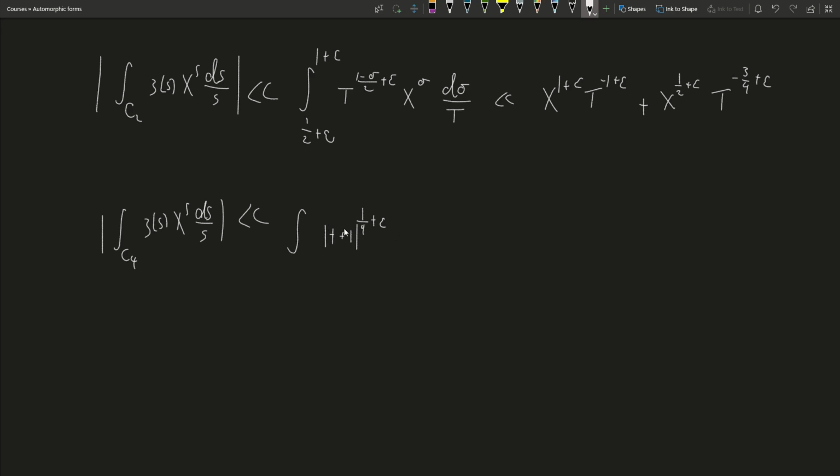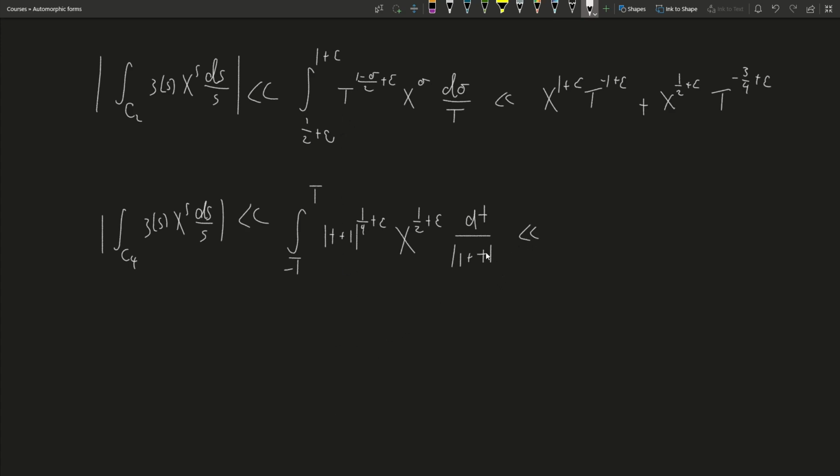So you have this, and then here you have an x to the 1/2 plus epsilon. The absolute value of x to the s doesn't vary as we're going up and down this vertical line, and then we have a dt over, and the absolute value of s is sort of t, but I don't want to write over t because that might be weird when t is close to 0, so I'm going to write plus t here. And it's going to be the integral from minus t to t, so we're integrating along this vertical line.